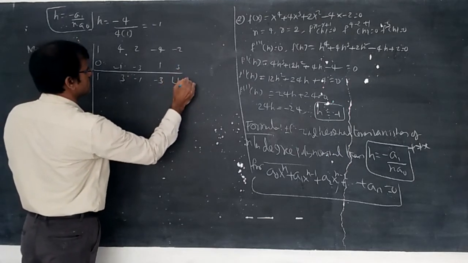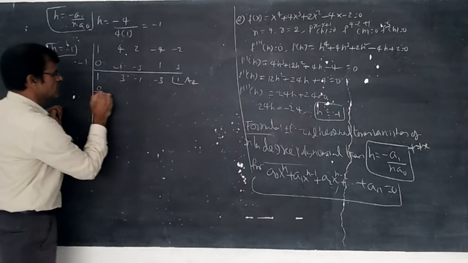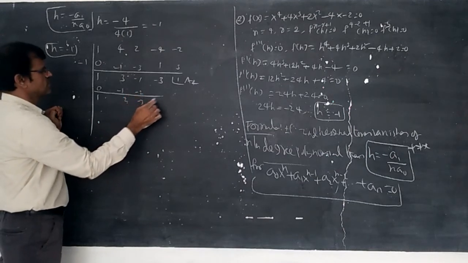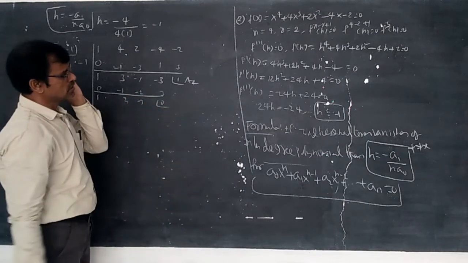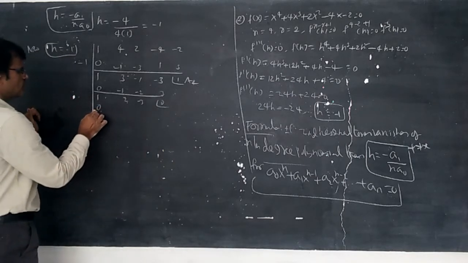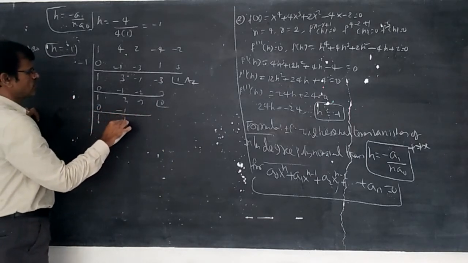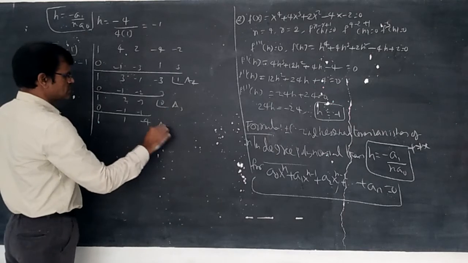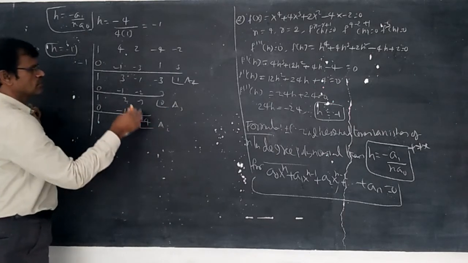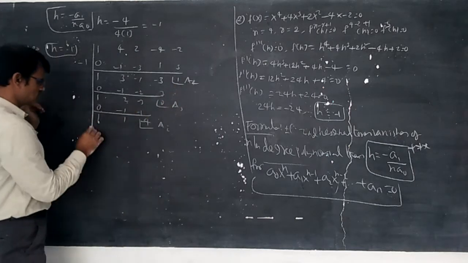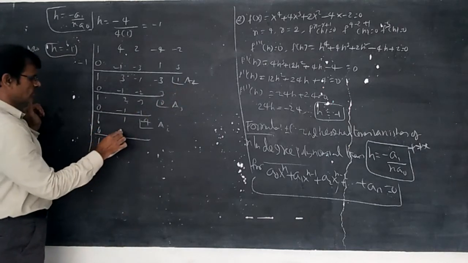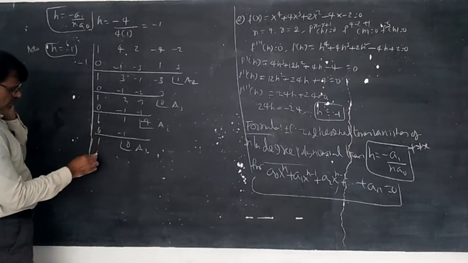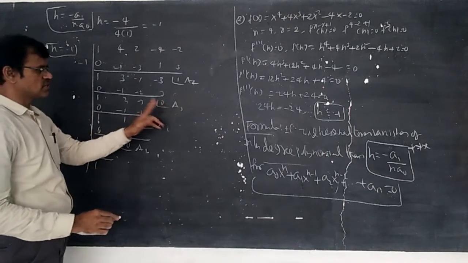So it becomes 1, put 0 here, then 1 into minus 1, minus 1, this is 2, this is minus 2, this is minus 3, this is 3, this is 0, because it is asking for the second highest power, so it is 0. Put 0 here, this is 1, this is minus 1, 1 into minus 1, minus 1, this is minus 4. Now put 0, put 1, minus 1, 1 minus 1, this becomes 0. From underward downwards it is also 0, no problem, there is no rule that this must be nonzero.